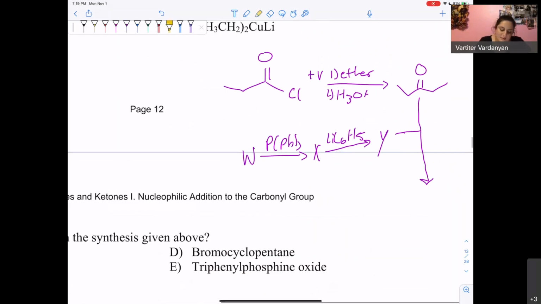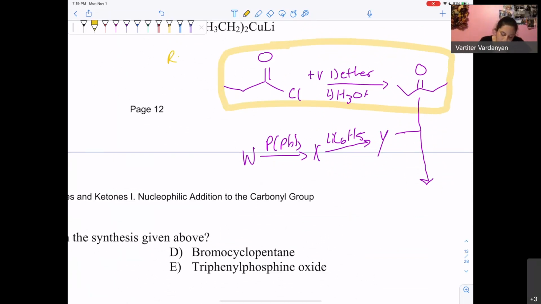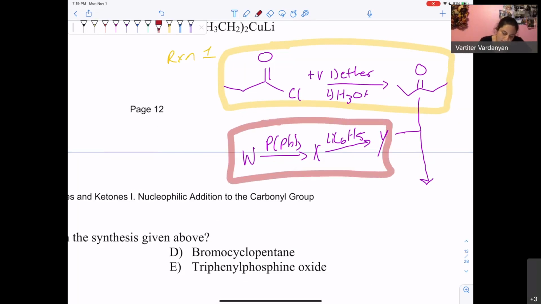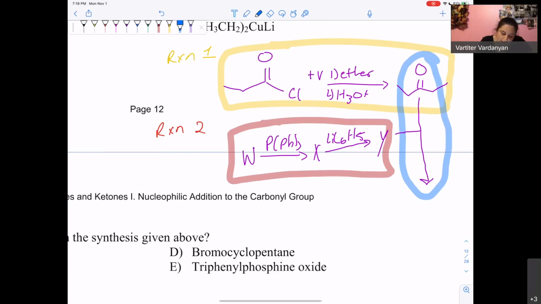So essentially when we see this, we're going to split it up into 3 reactions. So this is reaction number 1. This is reaction number 2. And this is reaction 3.